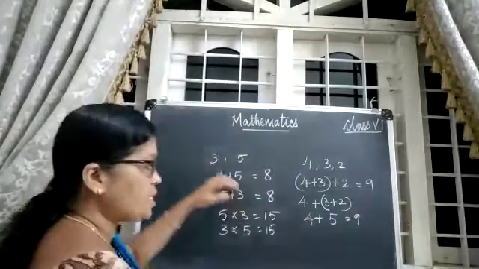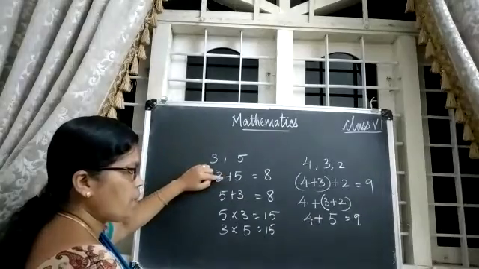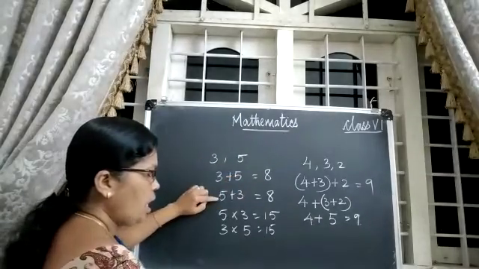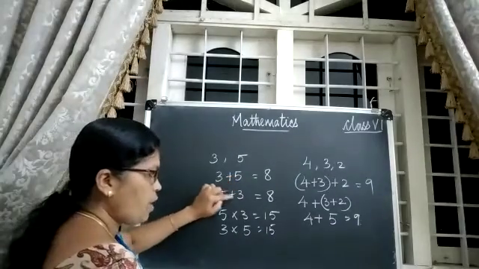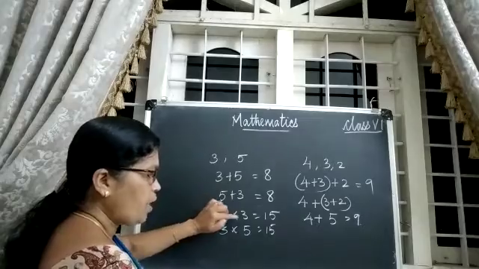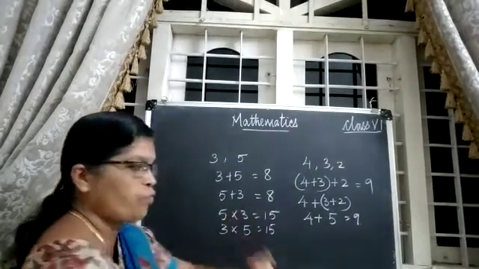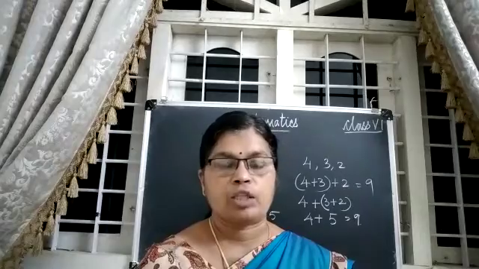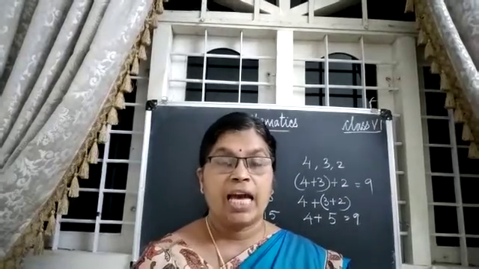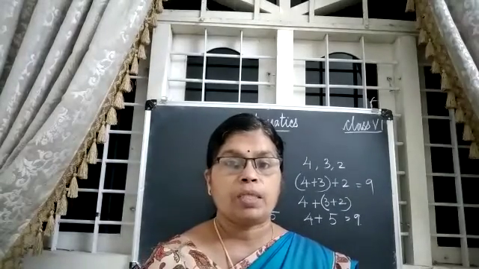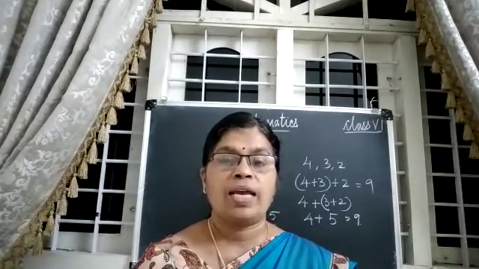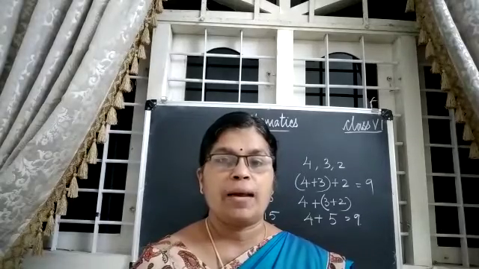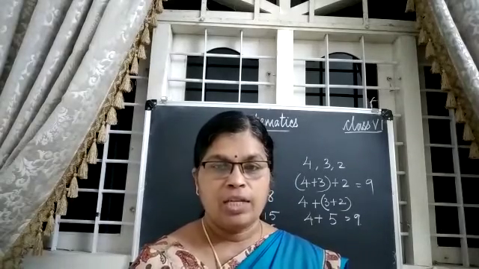And all these, 3 plus 5 is equal to 8, 3 plus 5 and 5 plus 3, and here 5 into 3, then 3 into 5, are called numerical expressions. Why? Because there are only numbers. We use the numbers only here.